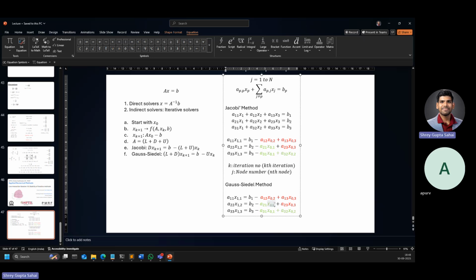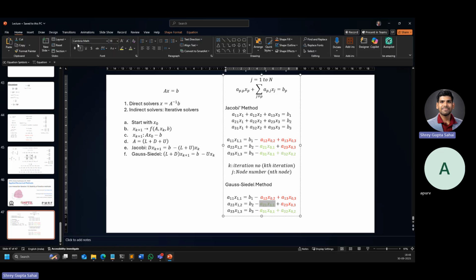Okay. So now what you do is you update the guesses as soon as you get an estimate. Okay. And so this is x11 and x12, right? Now you see the lower diagonal matrix is now associated with xk plus 1 and not just xk, right?